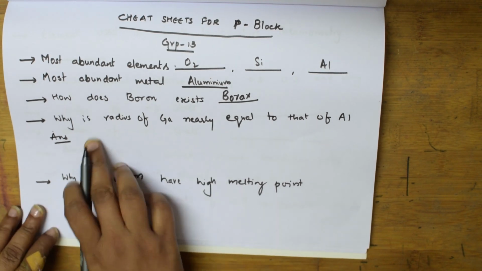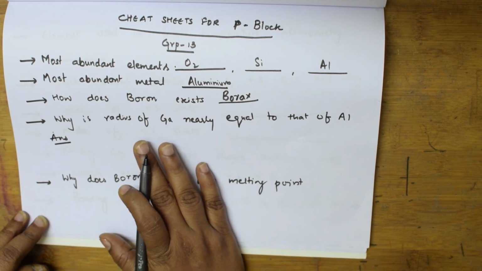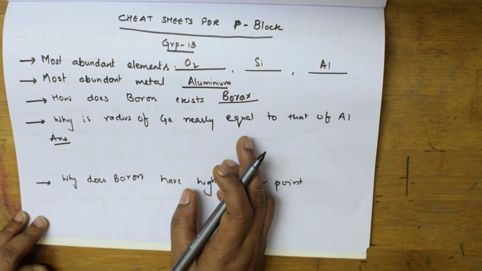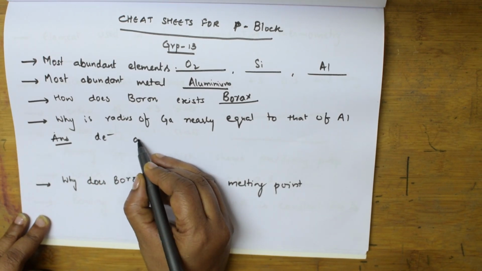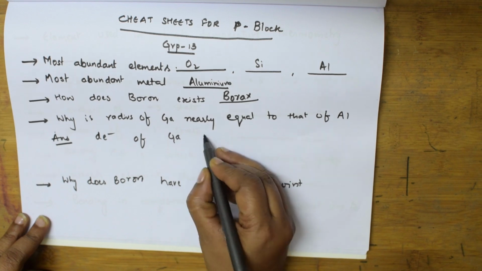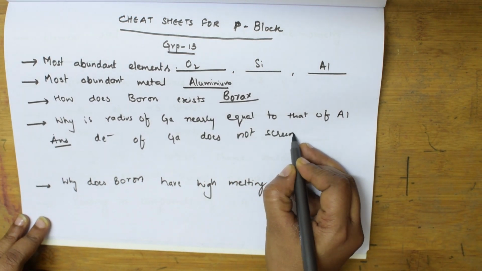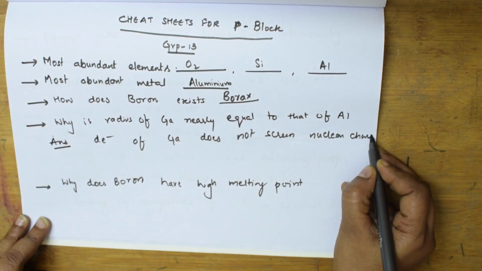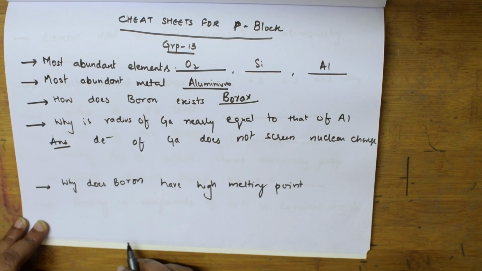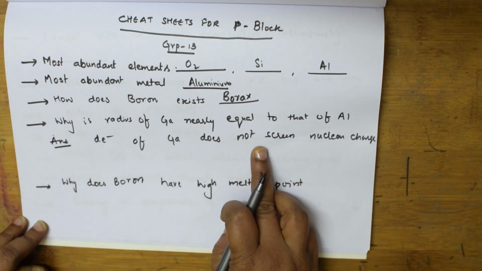Let us write the reason. They may ask you which is the relevant reason for gallium having a radius equal to aluminium. So the reason would be: the d electrons of gallium do not screen the nuclear charge effectively. That is the first thing. Next, the outermost electron experiences more force of attraction because it is not shielded, isn't it?